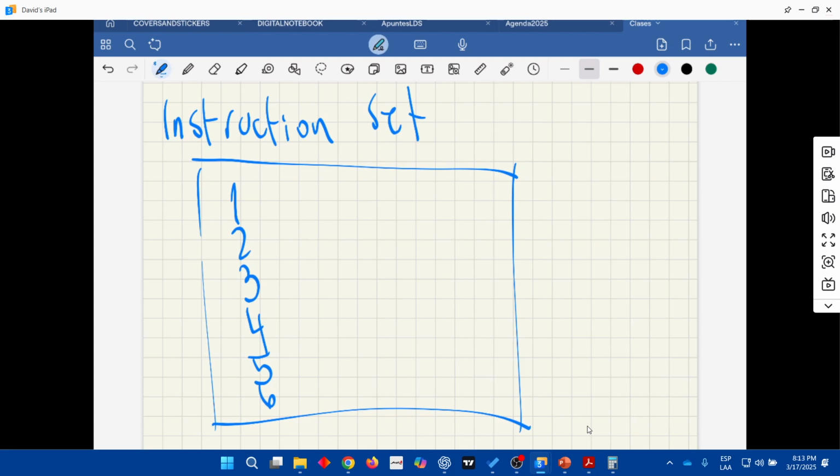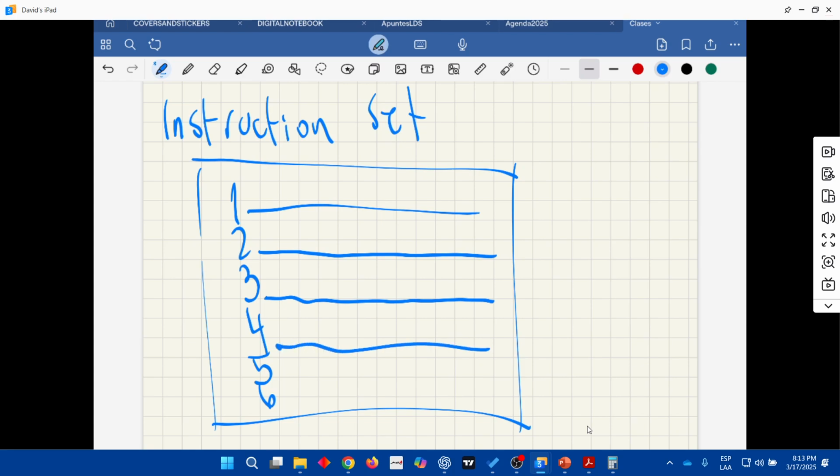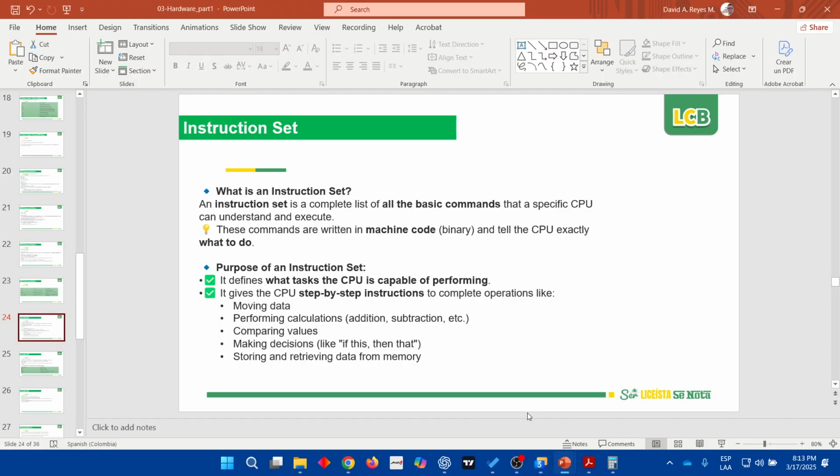First one, go to the ALU, then execute the multiplication of 7 times 2. Give the result of that multiplication to the accumulator. Now you are going to execute more and more instructions. That is the instruction set. It's a list of instructions that the CPU is going to execute.